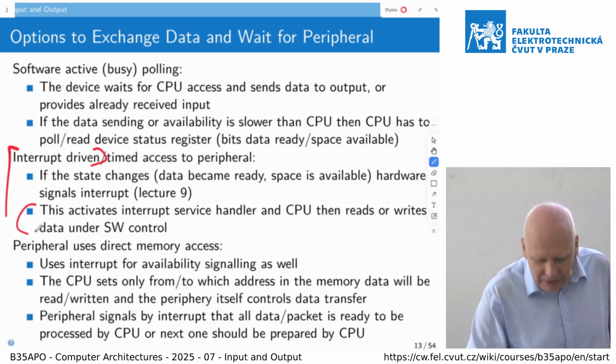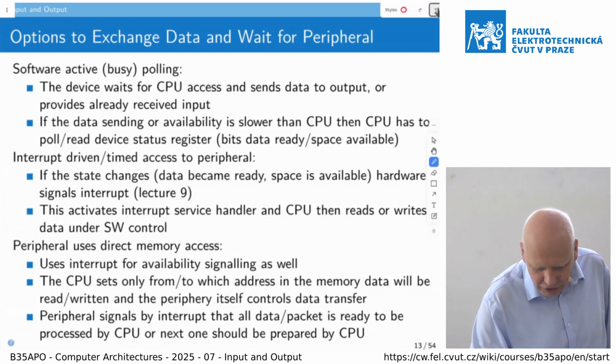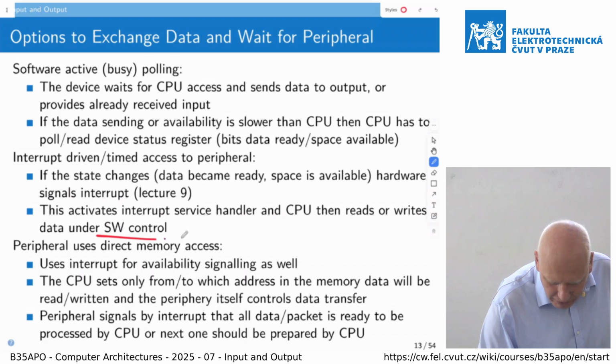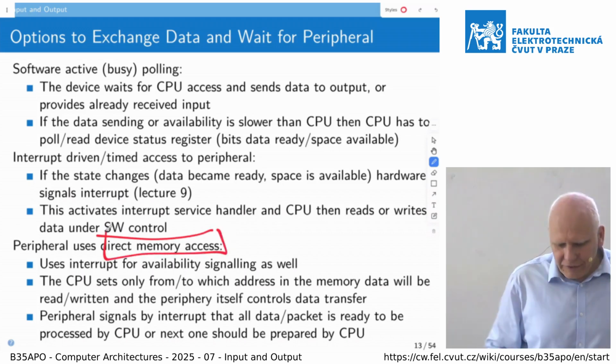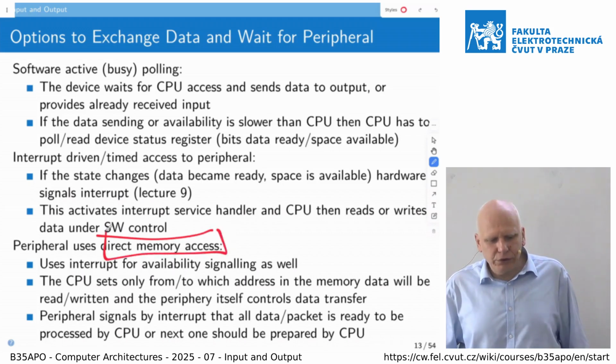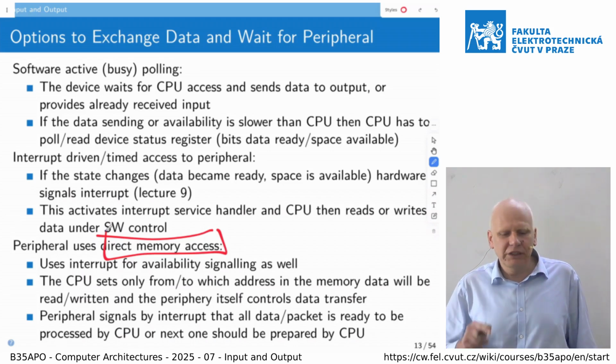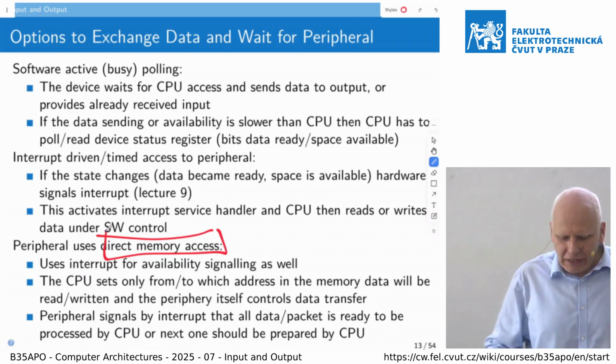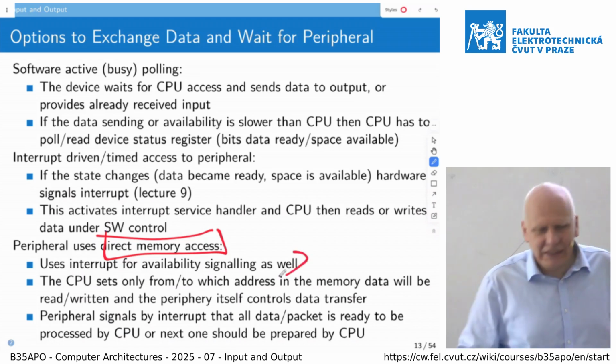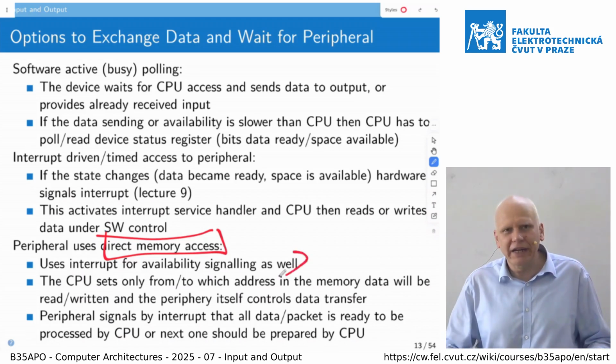And in this case, we use a mechanism which is called direct memory access, which allows you to instruct the peripheral where data should be stored in the main memory, and the peripheral only signals if the whole new packet or set of packets is delivered to the memory.